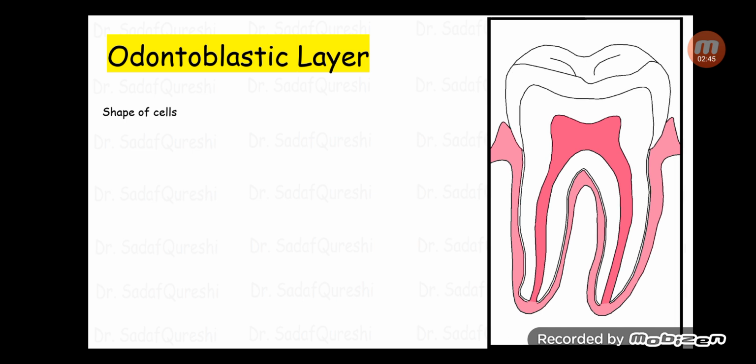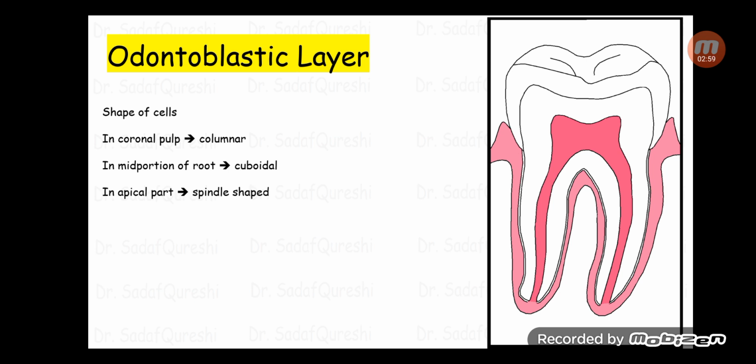Talking about the shape of odontoblasts that are present in the odontoblastic layer of dental pulp. In coronal pulp, the shape of odontoblast will be columnar. In mid portion of root, the shape of odontoblast will be cuboidal, but in apical part that will be spindle shape.